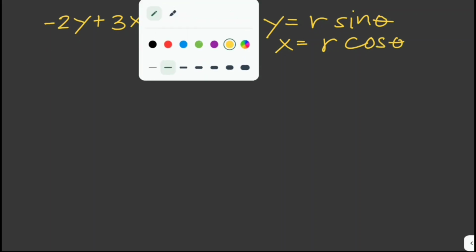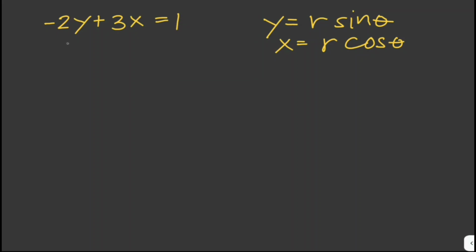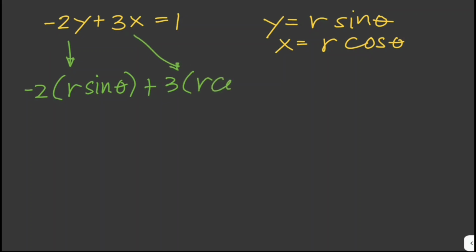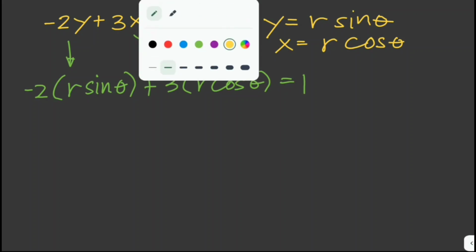So this would be written as negative 2 times r sine theta plus 3 times r cosine theta equals 1. Then we can simplify this.